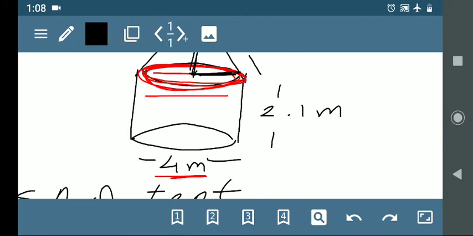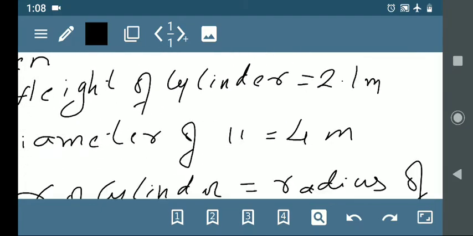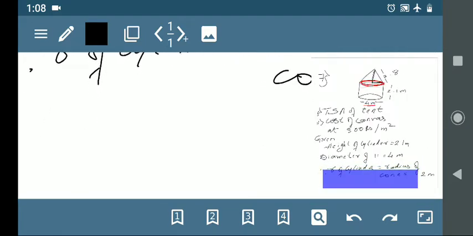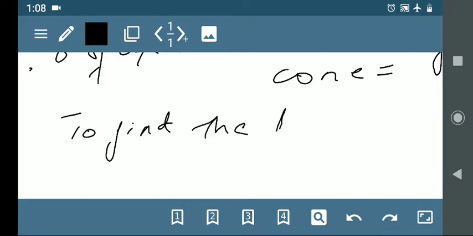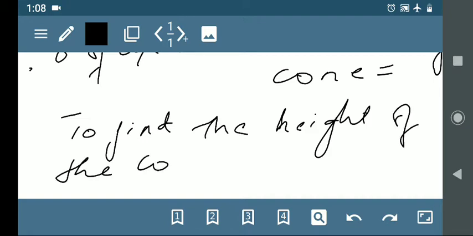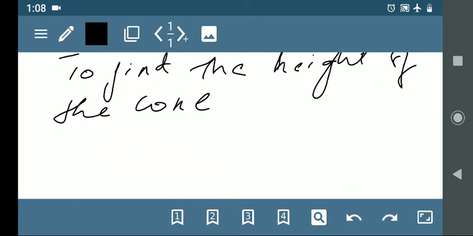Okay, we have a formula. To find the height of the cone, the formula is slant height L square is equal to h square plus r square.